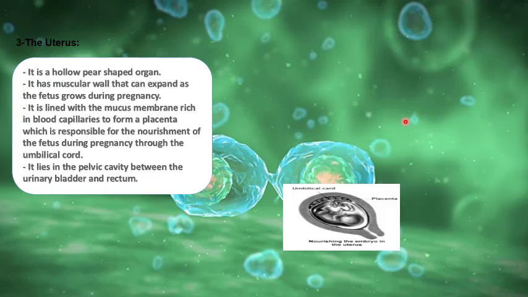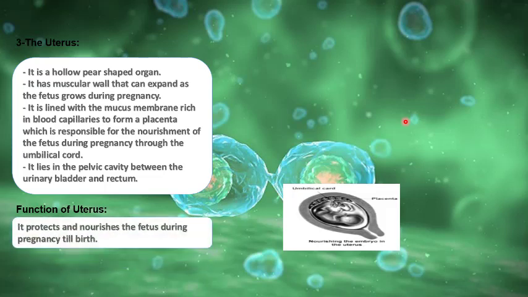It lies in the pelvic cavity between the urinary bladder and the rectum. Function of uterus: it protects and nourishes the fetus during pregnancy till birth.